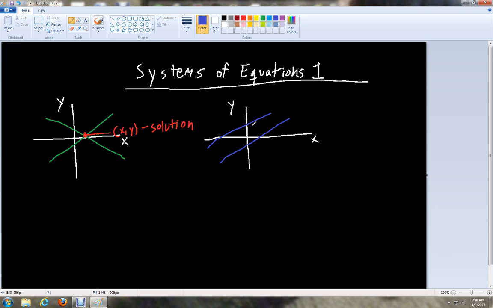Then this system of equations would have no solution because there's no point of intersection. These two lines do not touch or meet at any point in the plane. So we would say that this system has no solution.